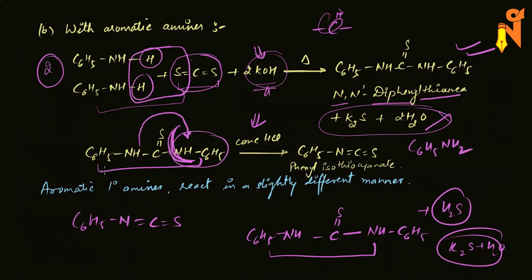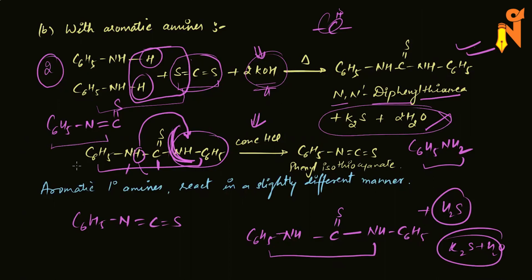You can also take it as one part will break, nitrogen will also lose its hydrogen, C6H5NH will come out as amine, and then your C6H5 nitrogen will form a double bond with the carbon and then sulfur. Because one valency of carbon has become free over here, and nitrogen's one valency has become free over here, they form a double bond, and this kind of isothiocyanate will form.